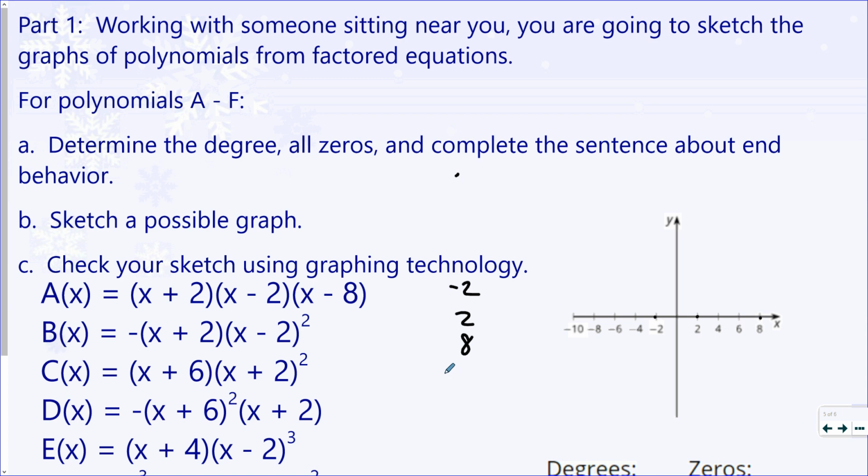So it's an x to the odd and positive, so it's going to start low and end high. That means it's going to start low like here. It's going to pass, pass, pass, like that. And there you go. You've got yourself a nice little function.